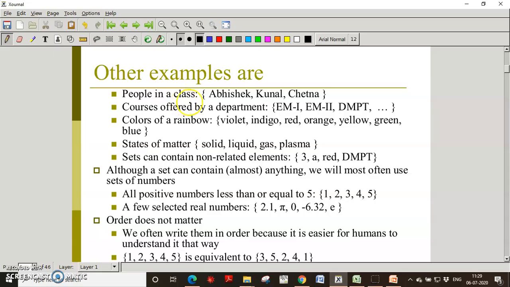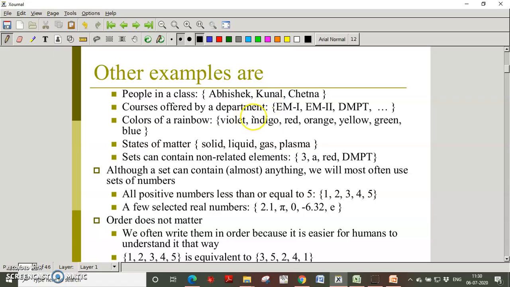Another example of a set: pupils in a class, meaning the collection of students in a class. We have taken a few names, Abhishek, Kunal and Chetna. We can also take the collection of students in C division. It is a set.